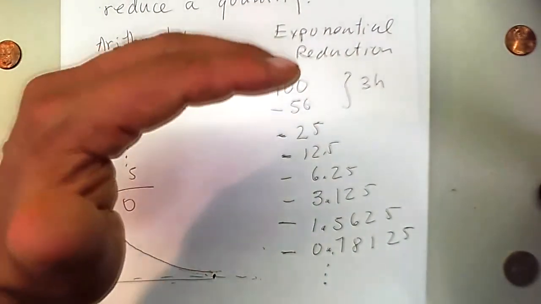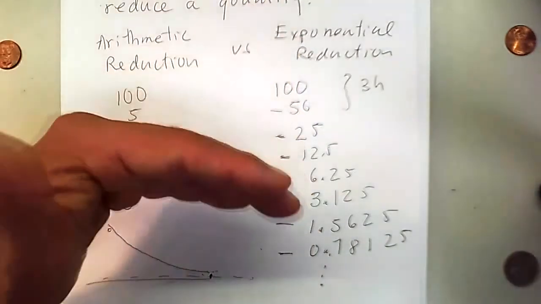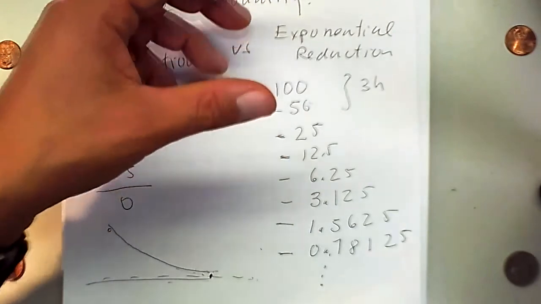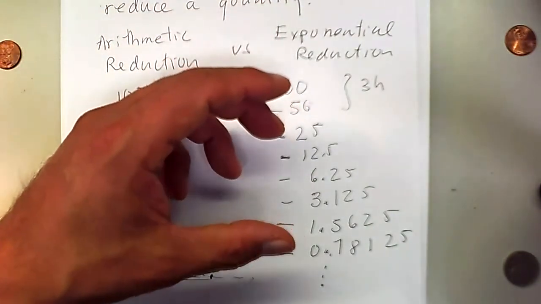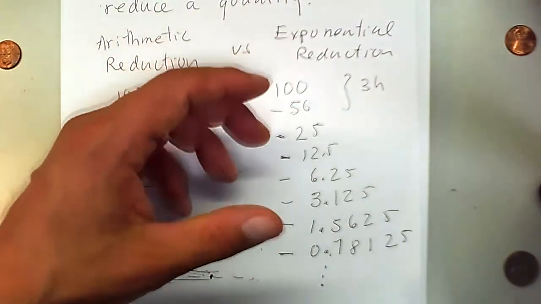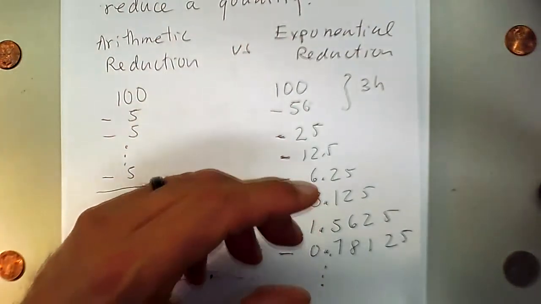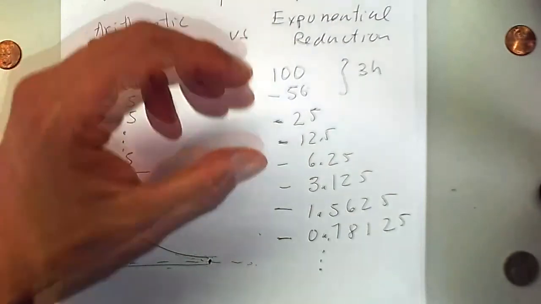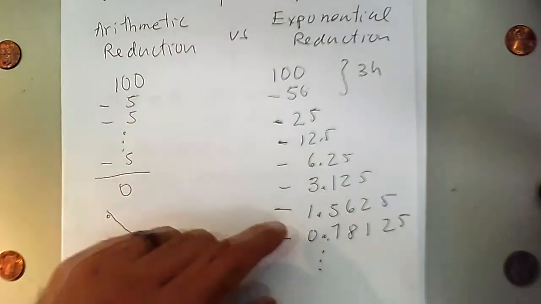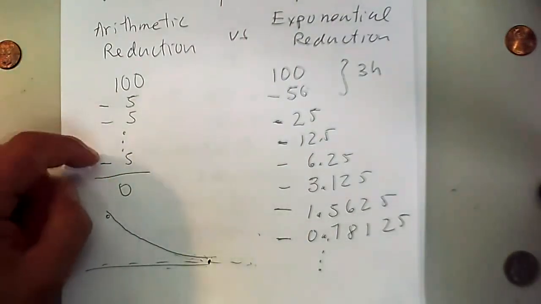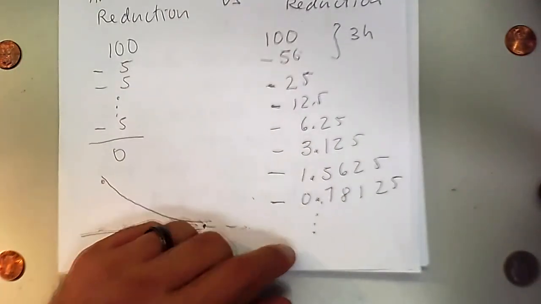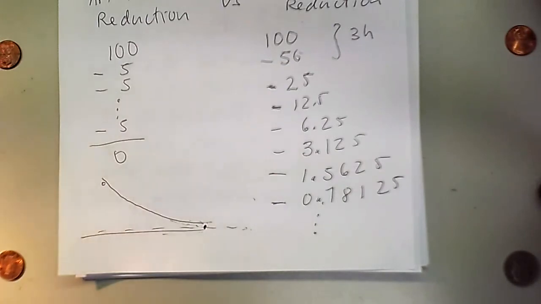Not geometric, exponential decay, where we take a chunk, a proportion, a percentage, and then we take the same percentage over the same amount of time out, and then the same percentage of what is left over after the same amount of time, and so forth. So things reduce more quickly than in this way. It looks like this is fast, but actually this is faster. All other things being equal. All right, we will stop the video here.